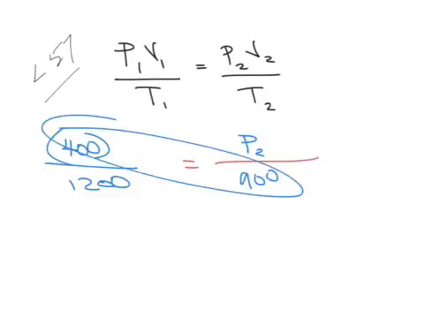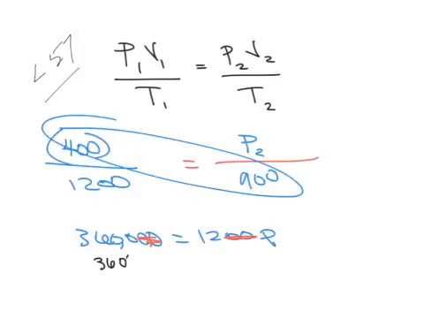So multiply that and you get 3600, or I'm sorry, 360,000 equals 1200 P. And you can cancel out 2 zeros here, 2 zeros here, and we have 3,600 divided by 12 equals P, or P equals 300. And we're done.